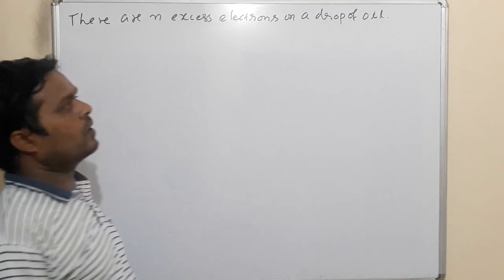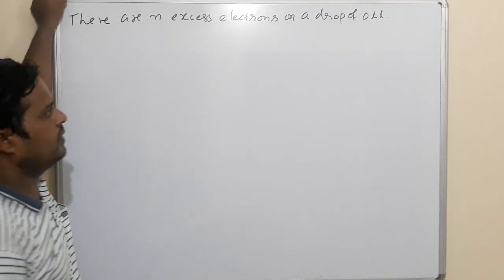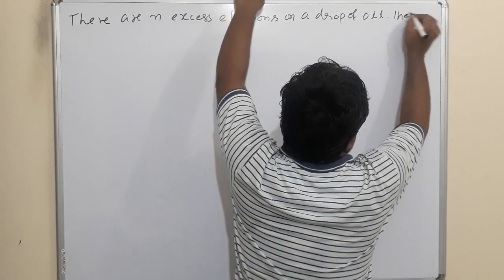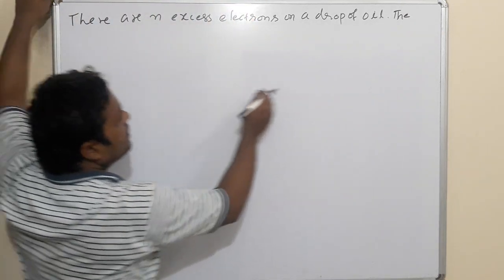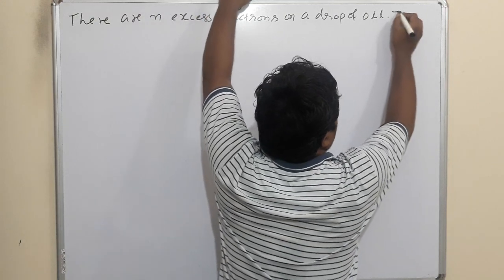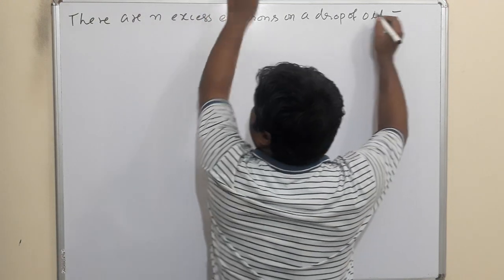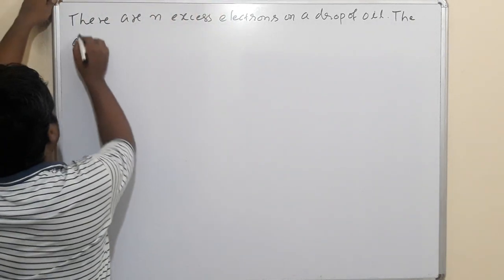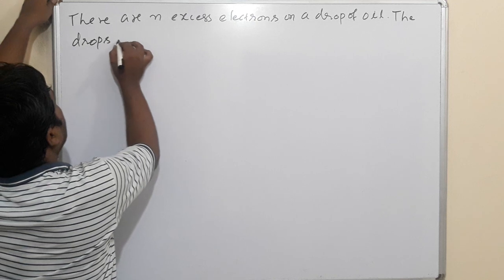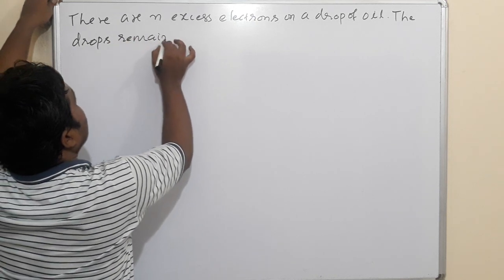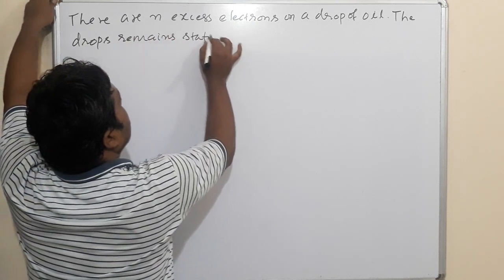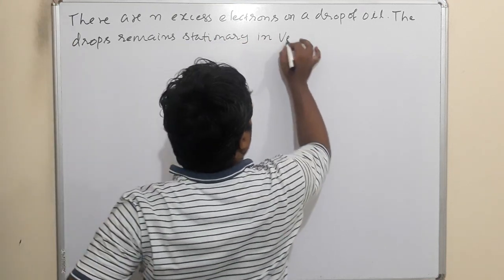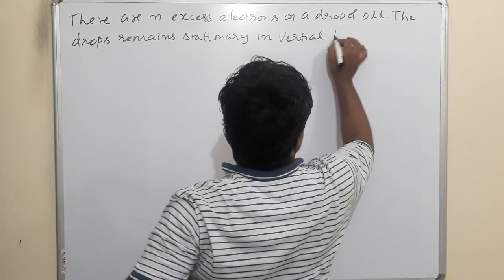There are n excess electrons on a drop of oil. The drop remains stationary in a vertical field.